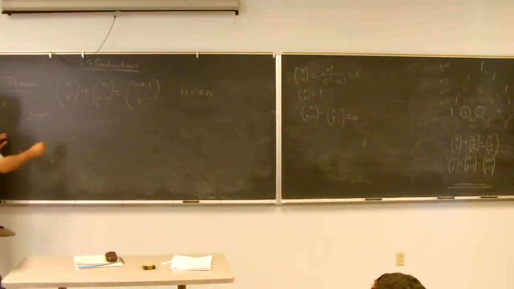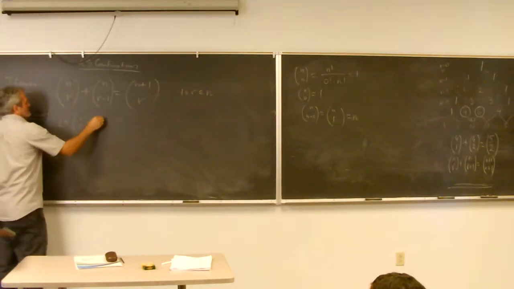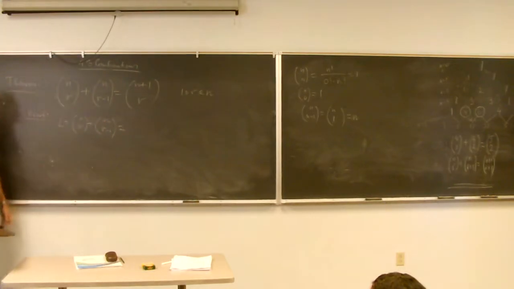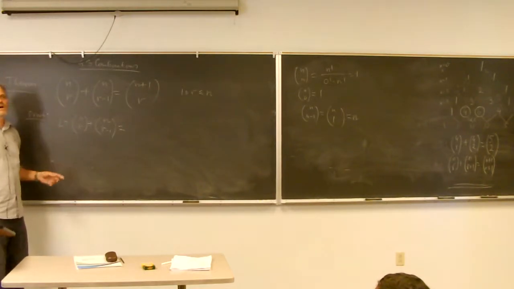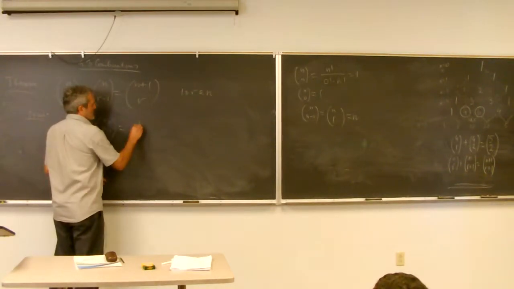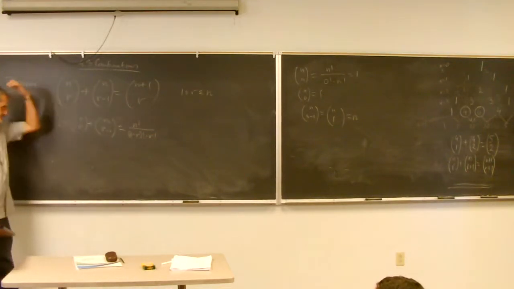So what is it? Well, let me do the left side. n choose r plus n choose r minus 1. I asked this a couple of times on the exam so that people show me that they know the definition and they know the property, and that they can handle those. So do we know the definition for n choose r? Yes or no? What would that be? n factorial over n minus r factorial times r factorial.